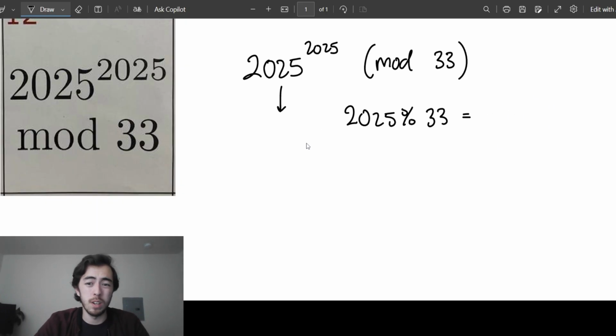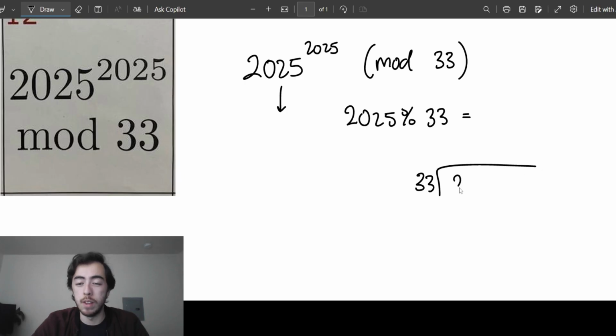Maybe the best way to do it is through long division, because that is one way to find the remainder after division. I can see that 33 does not go into 20, but it surely goes into 202. I think 6 is a good guess because I'm doing 6 times 3 in my head to get the 18, or I guess technically it would be 180.